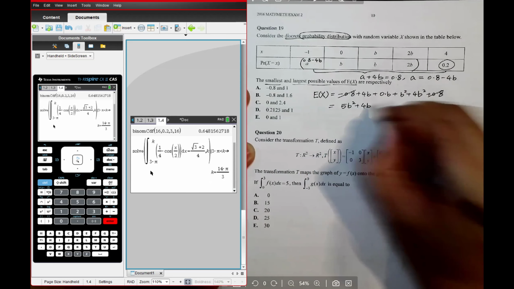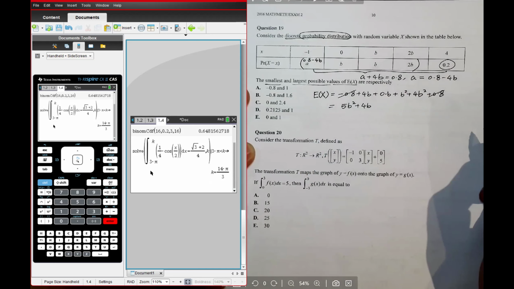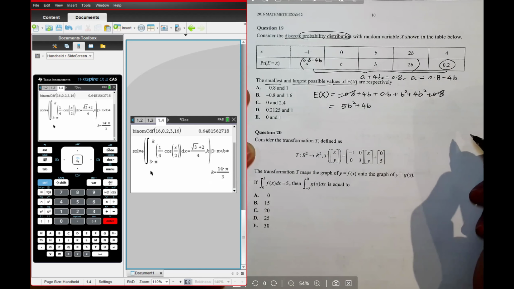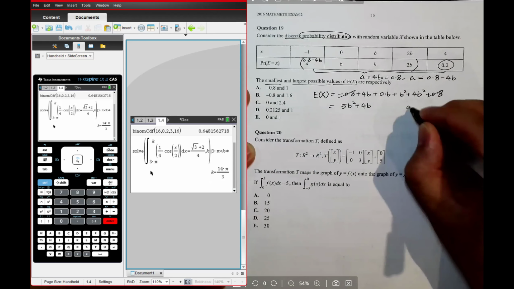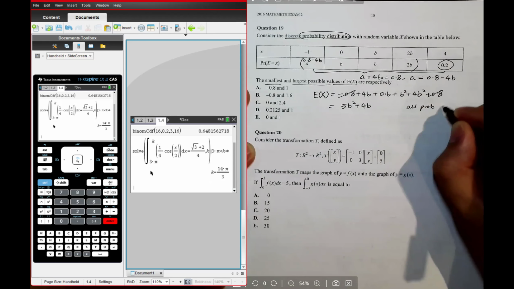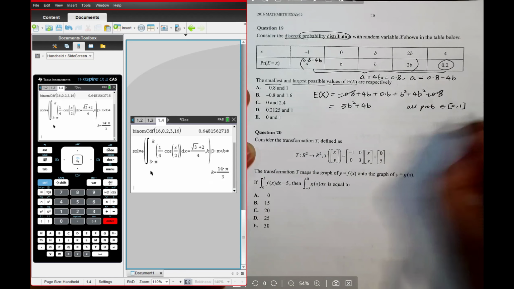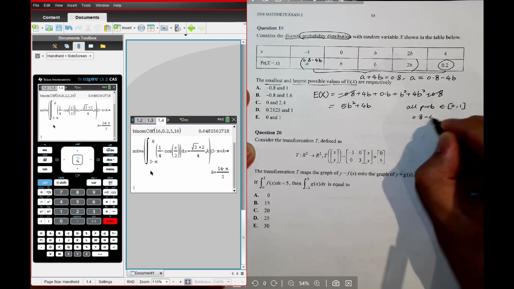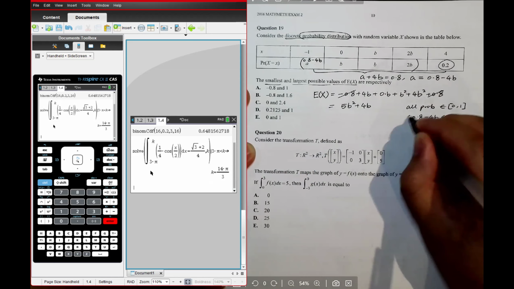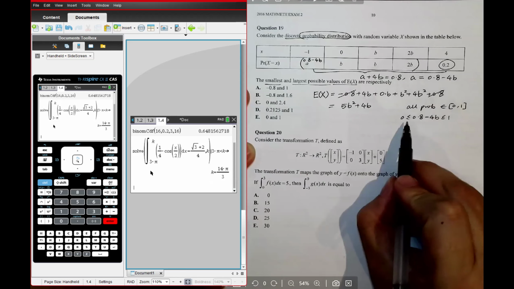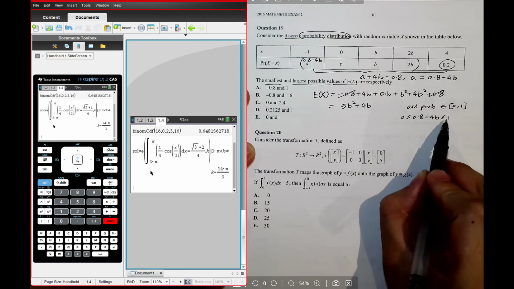plus 4B, I suppose. The next thing is this B cannot be all real values because all individual probabilities should lie between 0 and 1. Therefore, you recognize these and get, for example, 0.8 minus 4B is larger than or equal to 0, less than or equal to 1.